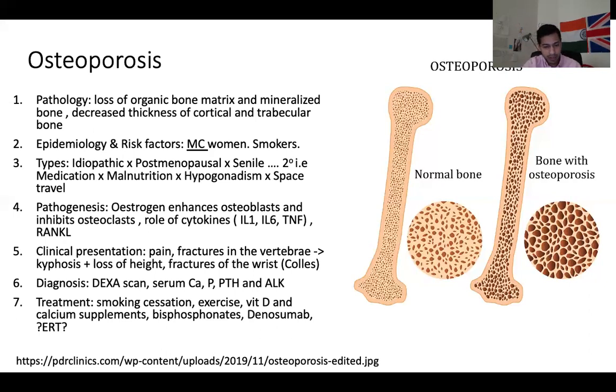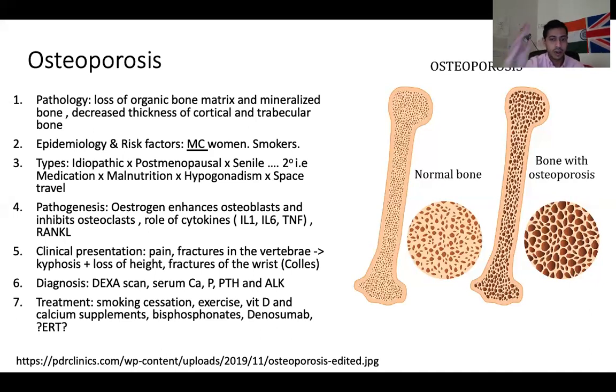Its clinical presentation, usually it's bone pain. Bone pain can tend to be more cervical, it can be lumbar, but really it can be anywhere. We can also see fractures in the vertebrae. And when we have these fractures, it usually causes kyphosis.